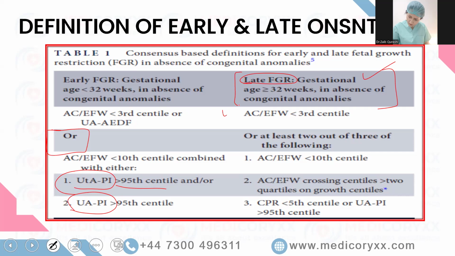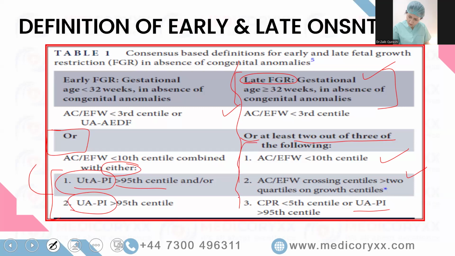By definition, AC or estimated fetal weight is less than 3rd centile, or at least 2 out of 3 of the following should be present. In late FGR, because it's a serious pathology now, as the baby is growing big: AC or estimated fetal weight less than 10th centile; AC or estimated fetal weight crossing centiles by more than 2 quartiles on growth centiles; or CPR less than 5th centile or umbilical artery pulsatility index more than 95th centile.